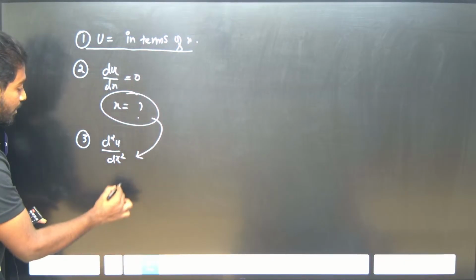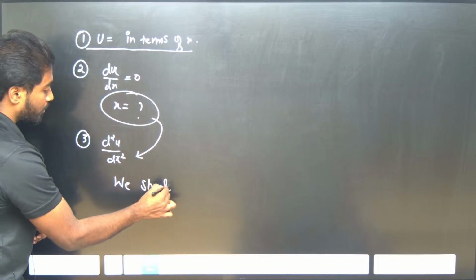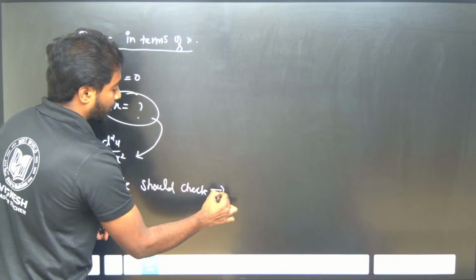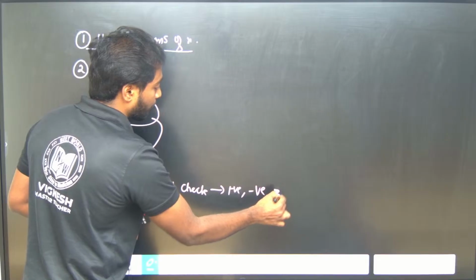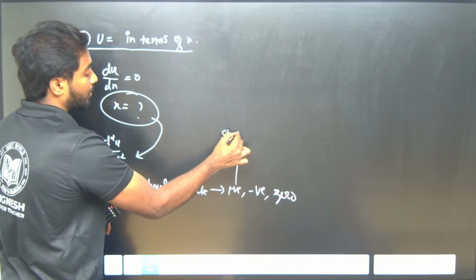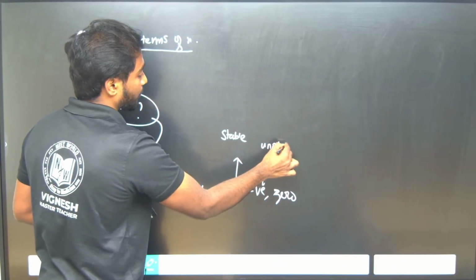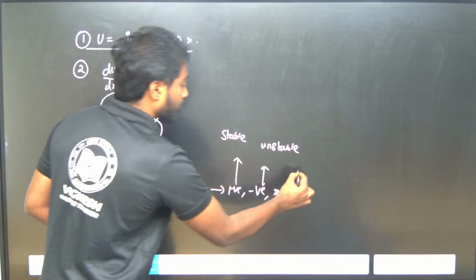Now we should check whether it is positive, negative or 0. If it is positive, it is stable. If it is negative, it is unstable. If it is 0, it is an equilibrium condition.